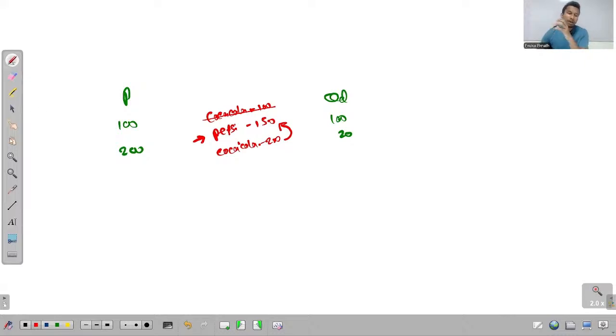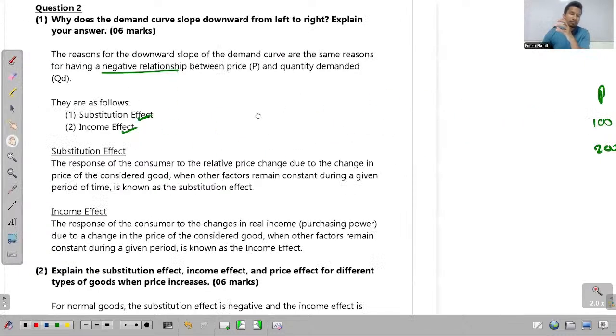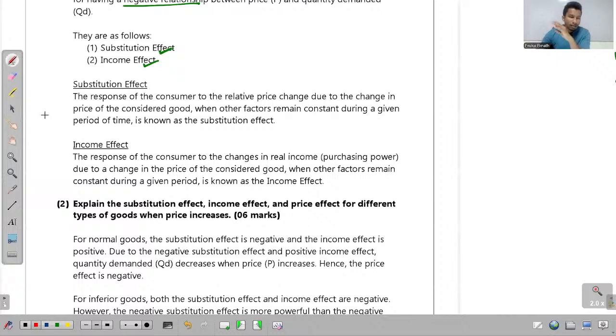That's what I have explained under the topic. If you read this, I have written the same thing: the response of the consumer to the relative price change due to the change in the price of the considered good, when other factors remain constant during a given period of time, is known as a substitution effect. It's the same thing that I explained earlier.